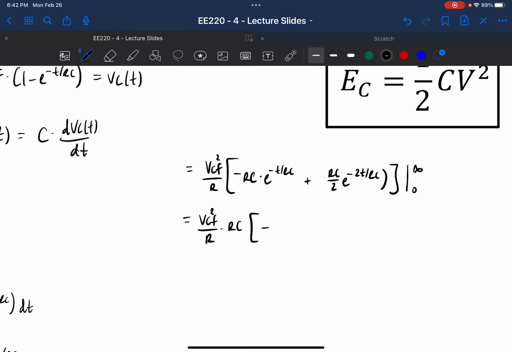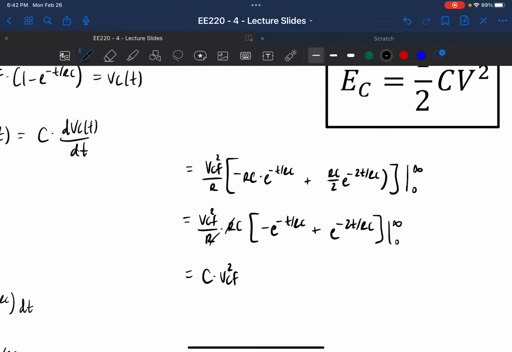And then what I get is minus e to the minus t over RC plus e to the minus 2t over RC from 0 to infinity. My R's cancel, and I'm left with C times VCF squared.